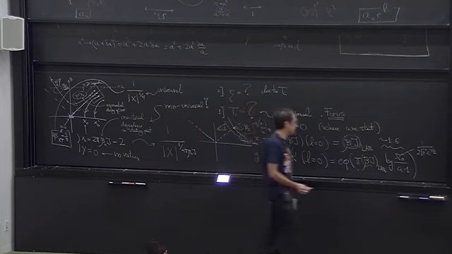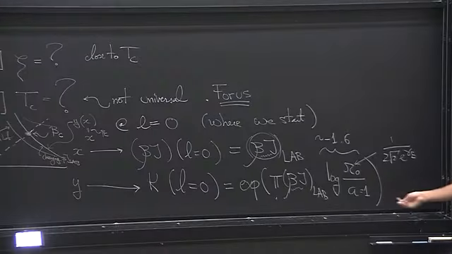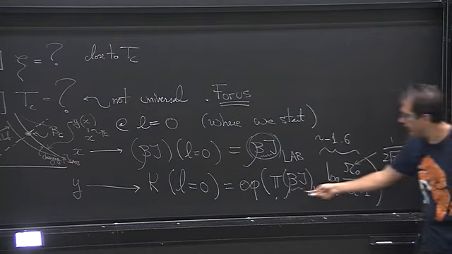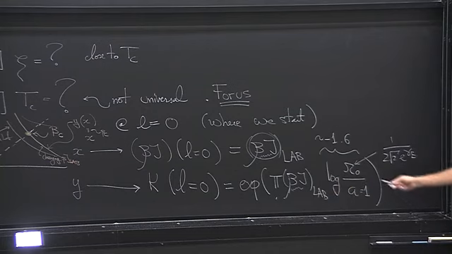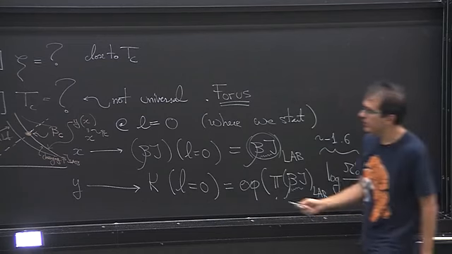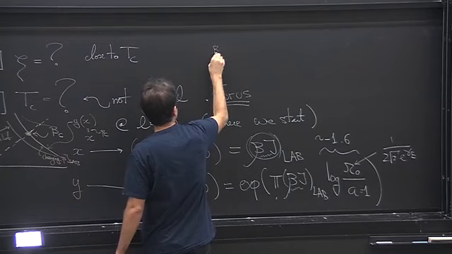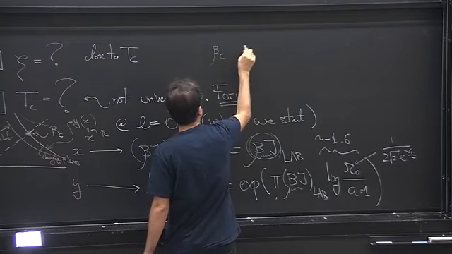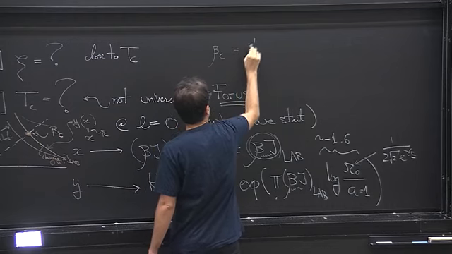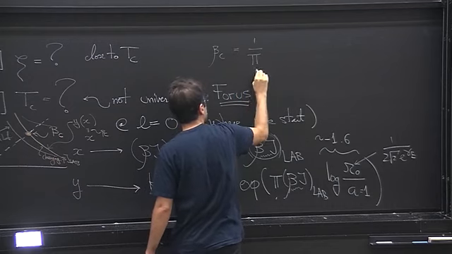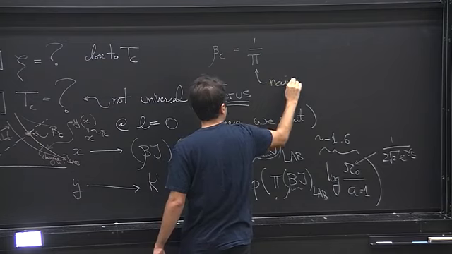Our microscopics is the statement that when I start, I know what my K is, and that gives me a starting point. So you can now just intersect this curve, and this will tell me what beta critical is, and you will see that beta critical is not 1 over pi. Remember, this was the naive guess.